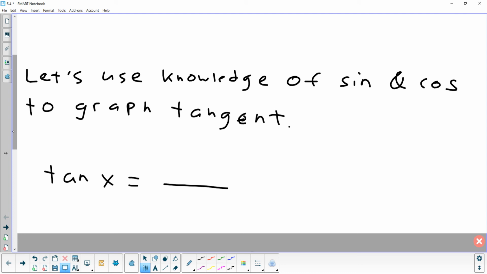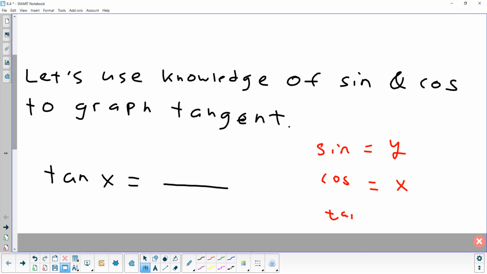Another way to think of it would be when we did unit circle. Does anybody remember when we did sine? That was equal to what letter? Yep. Y. Sine was y. And what about cosine? What part of the coordinate was cosine? Yep. X. That was x.